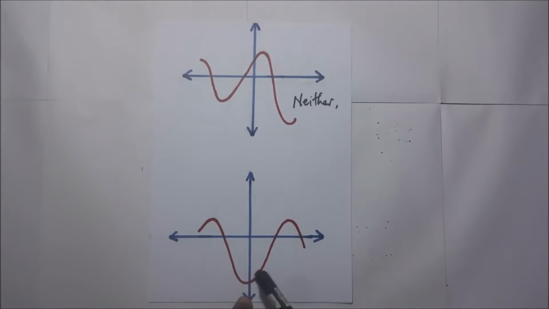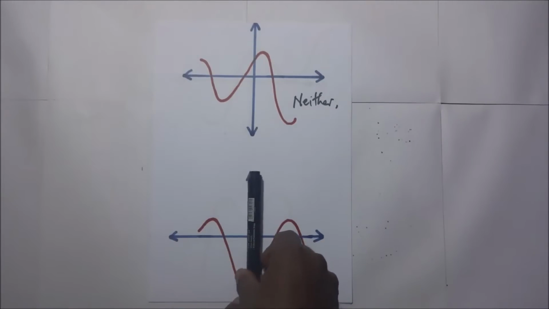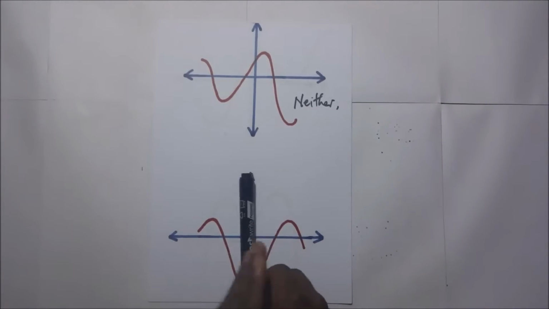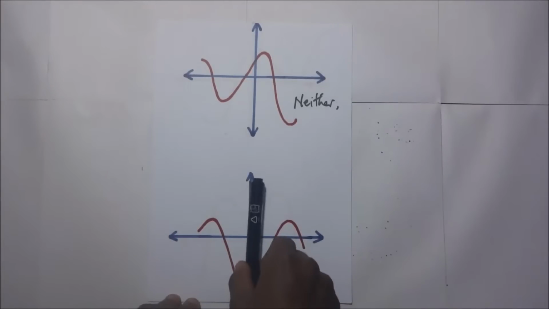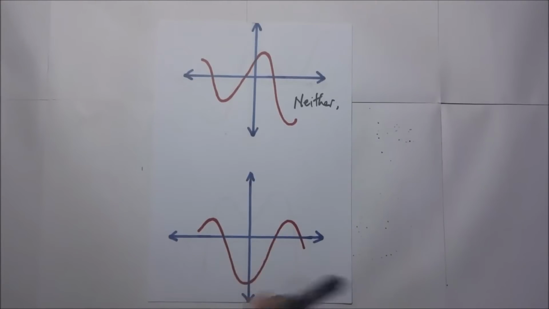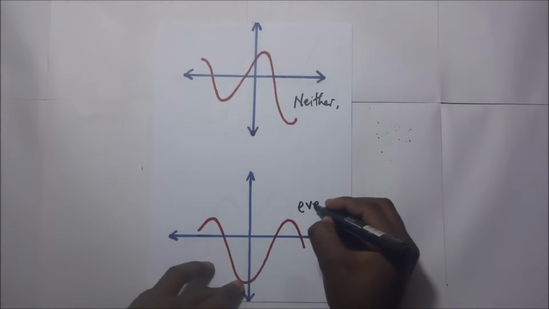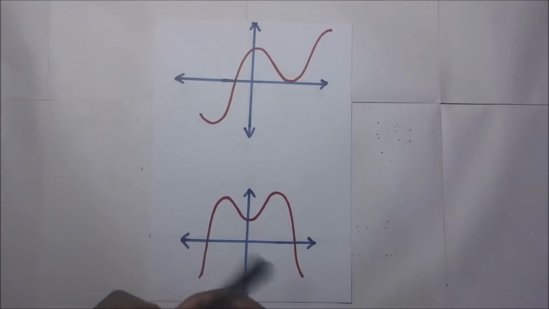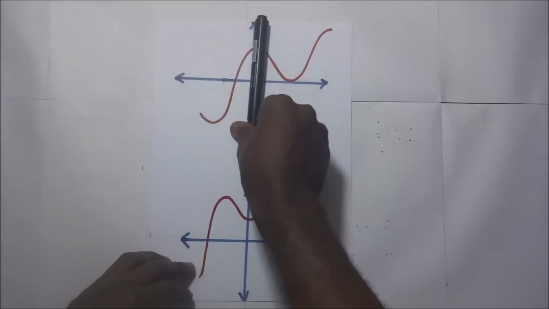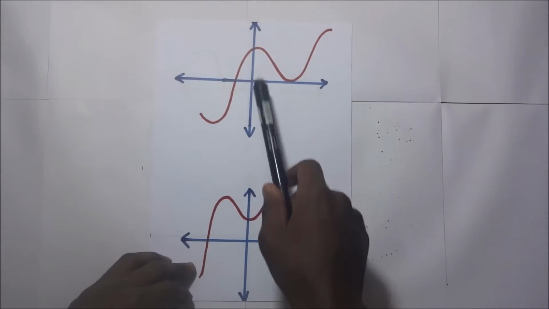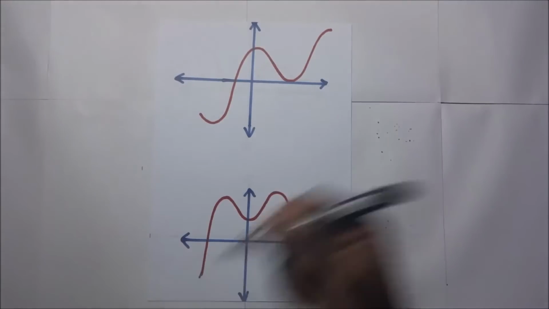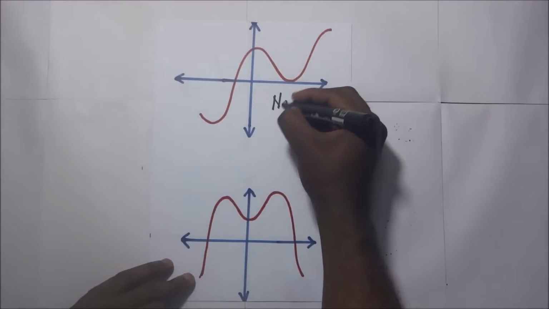Looking at this one, the y-axis splits it into two equal parts, meaning it's having a symmetry about the y-axis. So this one is an even function. This one right here, it's not symmetrical about the y-axis. It is not having a rotational symmetry about the origin, meaning this one also is neither odd nor even.